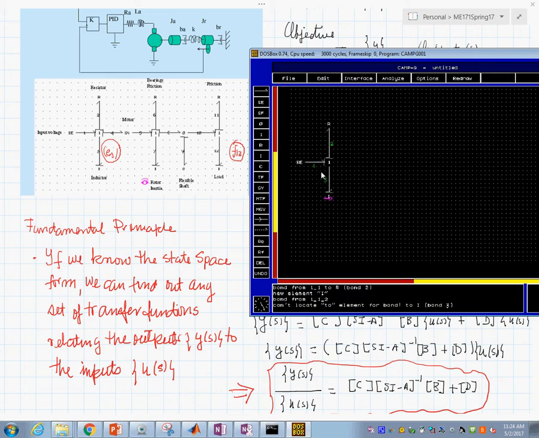Then this is a GY element over here, and of course, it's got the 1 on the other side, right here. Then we have an R element over there, and then we have an I element in number 7, I think it is, right? There we go.